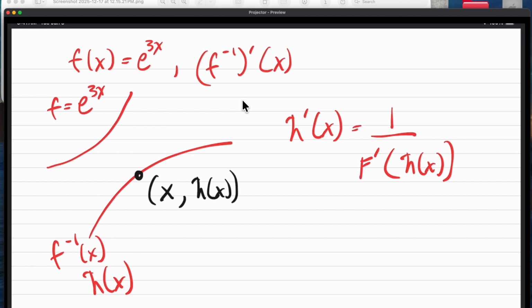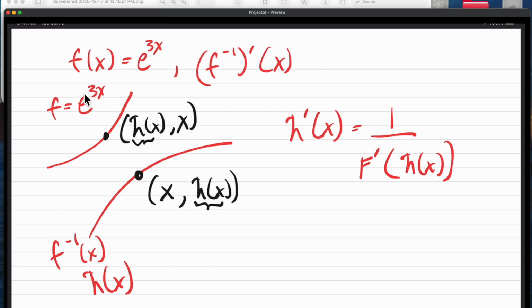So we need to plug this value into f prime. Now, we don't have that value, but we know the sister point here is going to be h of x, comma, x.